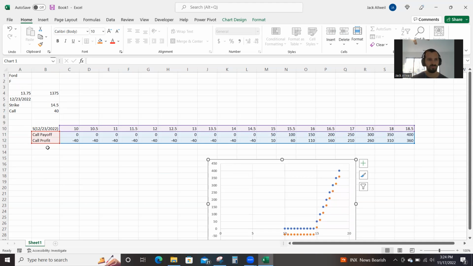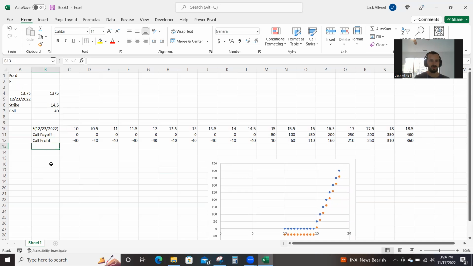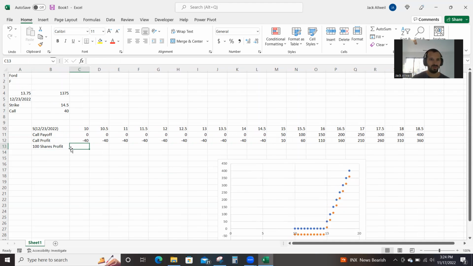And here, let's put the 100 shares profit. So if we were to just pay the $1,375 to get the shares, what would our profit be if it ends? What is our profit then?